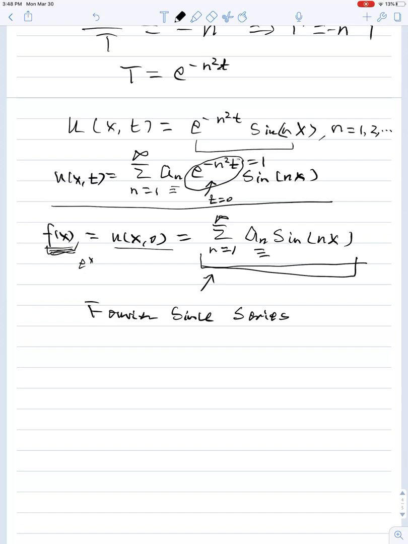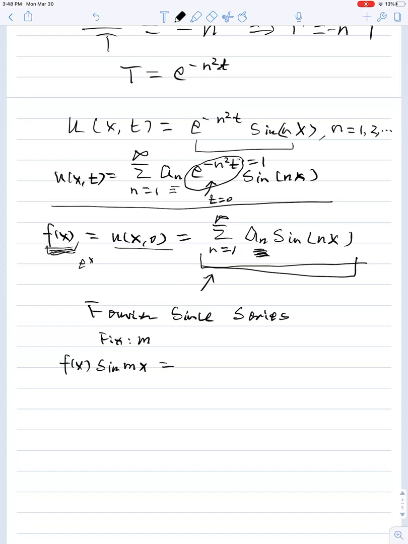The idea is that now we need to determine this a_n. If we are given an f, how do you determine a_n? To determine it, we multiply both sides by sine m x, where m is any fixed integer.